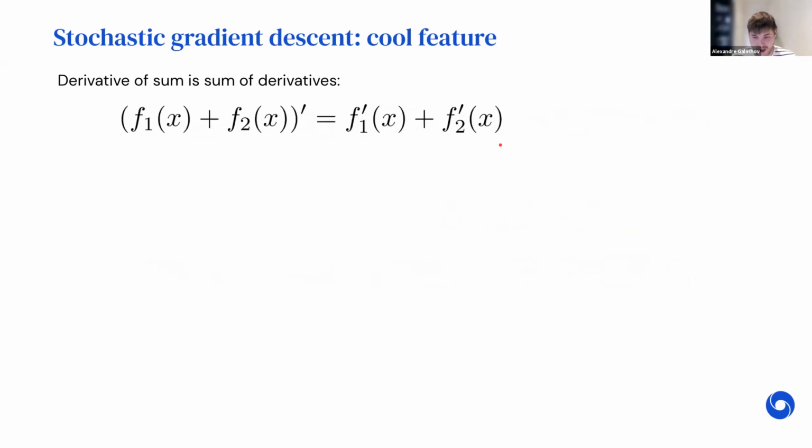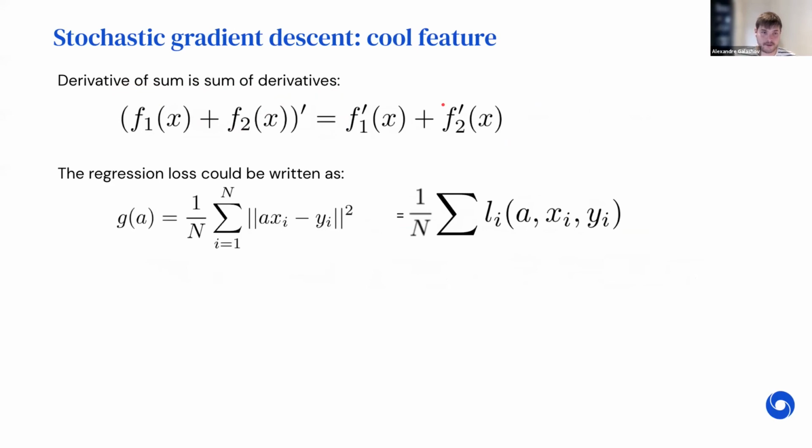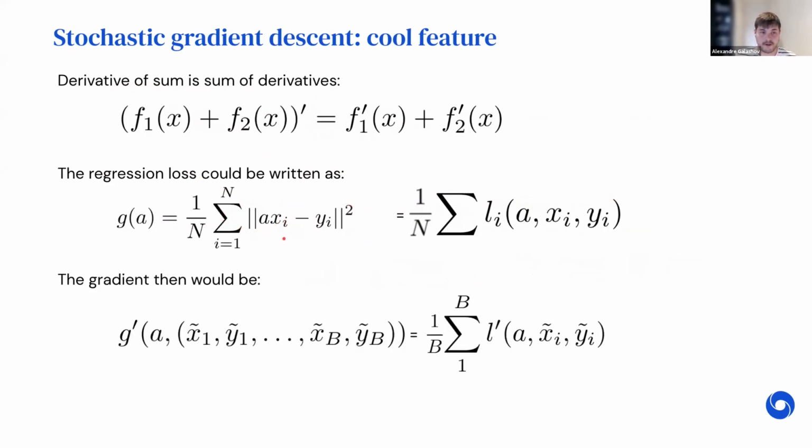One trick why this algorithm is very useful in practice is that the derivative of a sum is the sum of derivatives. The gradient can be written as a sum of terms, and if you take the gradient of that, it is just the sum of gradients.